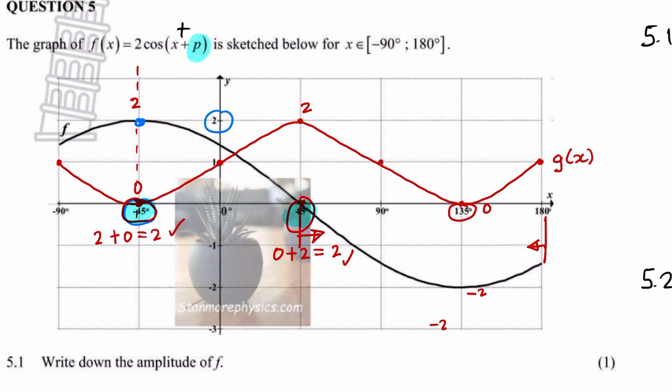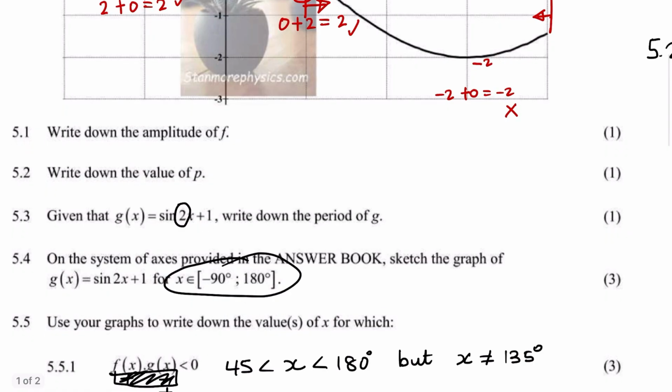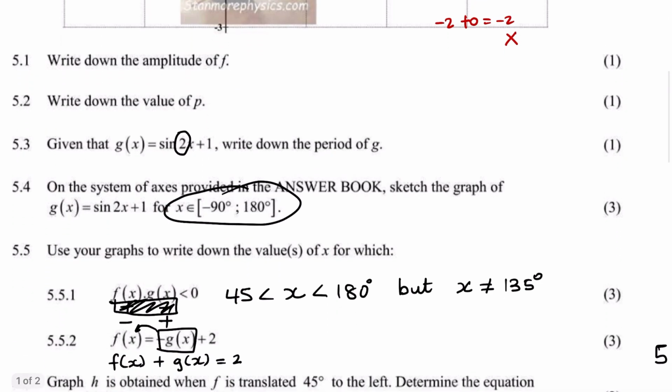So negative 2 plus 0 is equal to negative 2. This will not work because the answer we're looking for is positive 2. So the answer for this question is simply going to be x equals 45 and x equals negative 45 degrees.